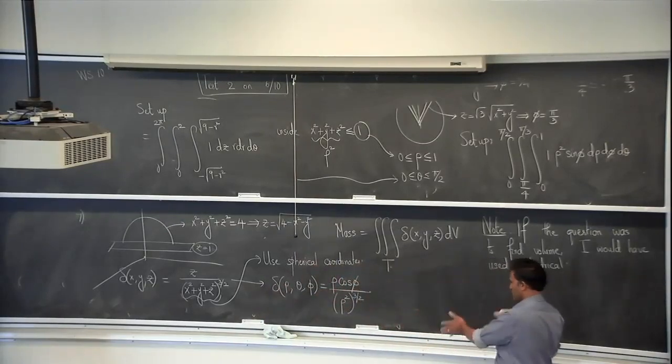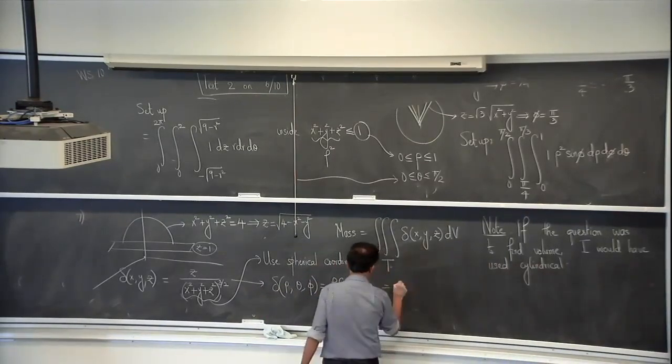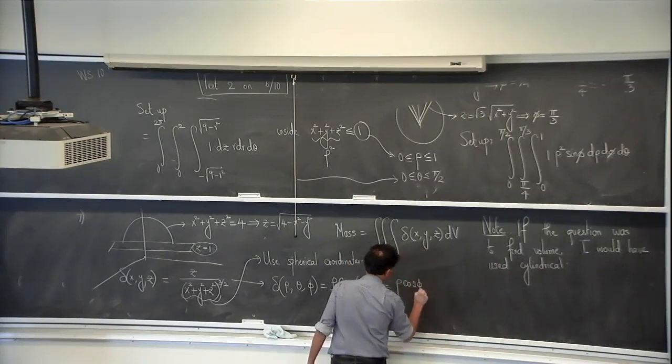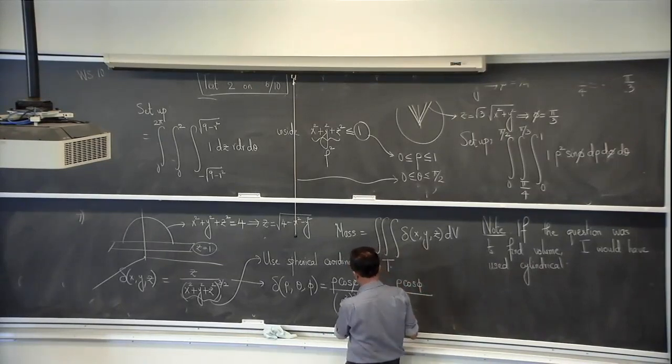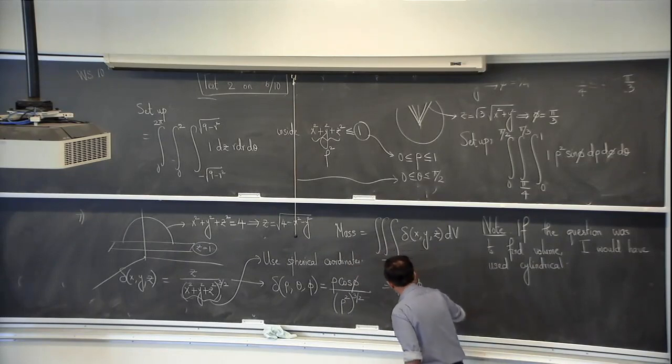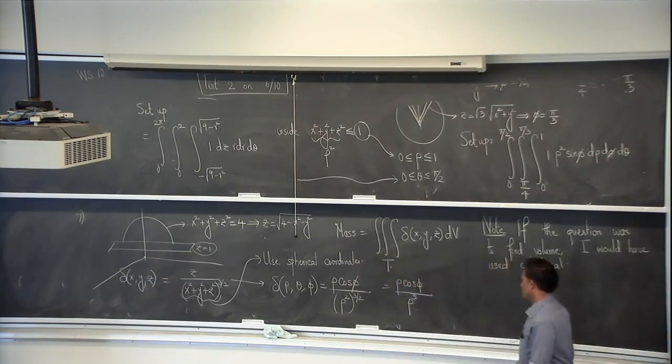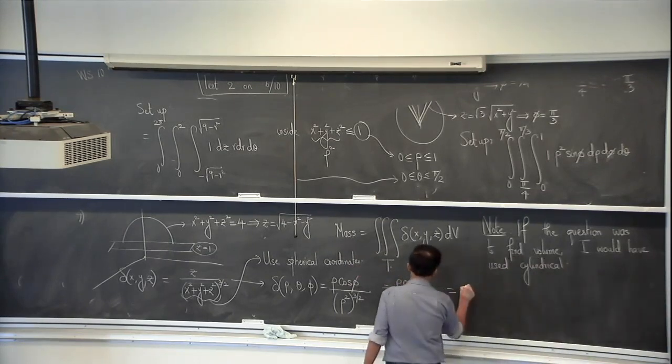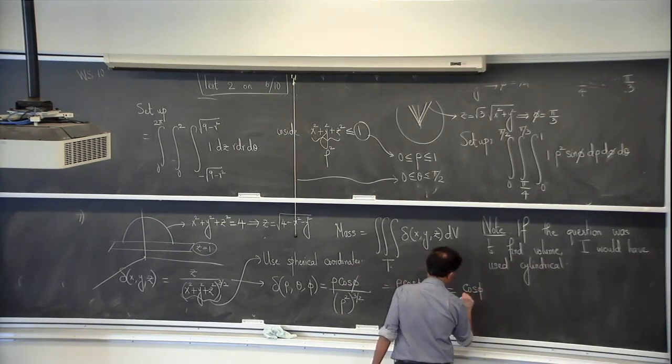X square plus y square plus z square is rho square. So this is rho cosine phi divided by rho square to the power of 3/2, which is rho to the power of 3. And that's equal to cosine of phi over rho square.